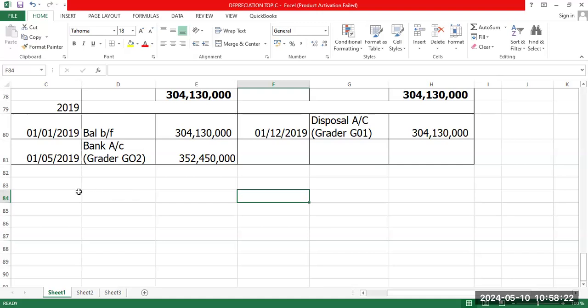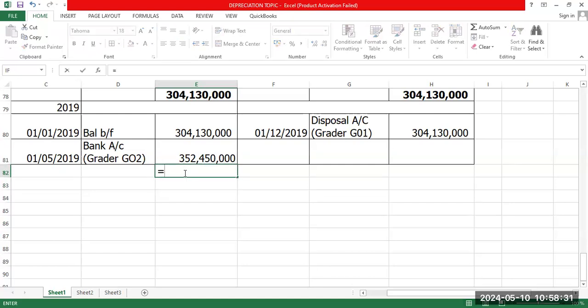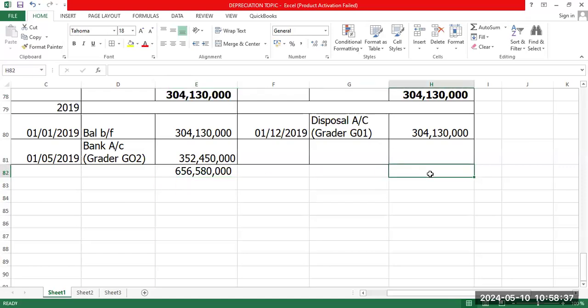No. So we can close off. Which side is higher? I think it is this one. I'll get the total. Also, I take this total to the other side.